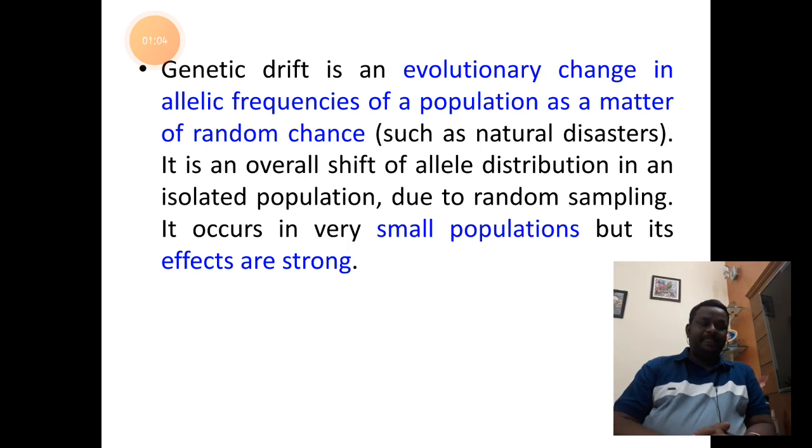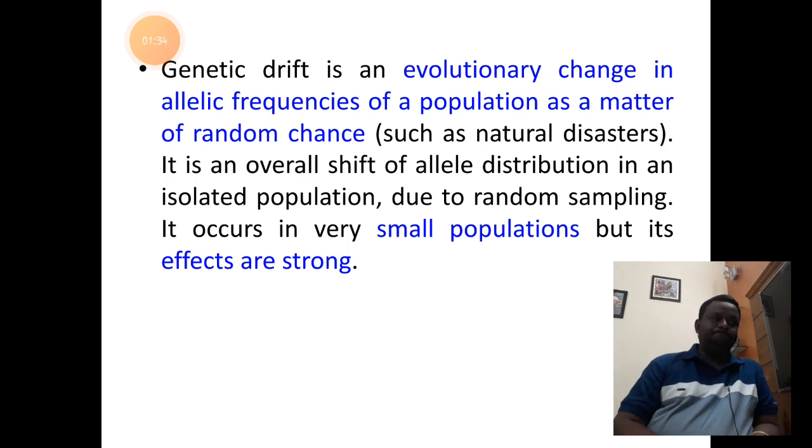Genetic drift is an evolutionary force that brings in change in the allelic frequency of a population by a random process or a mere chance. It involves natural disaster or the process of migration.